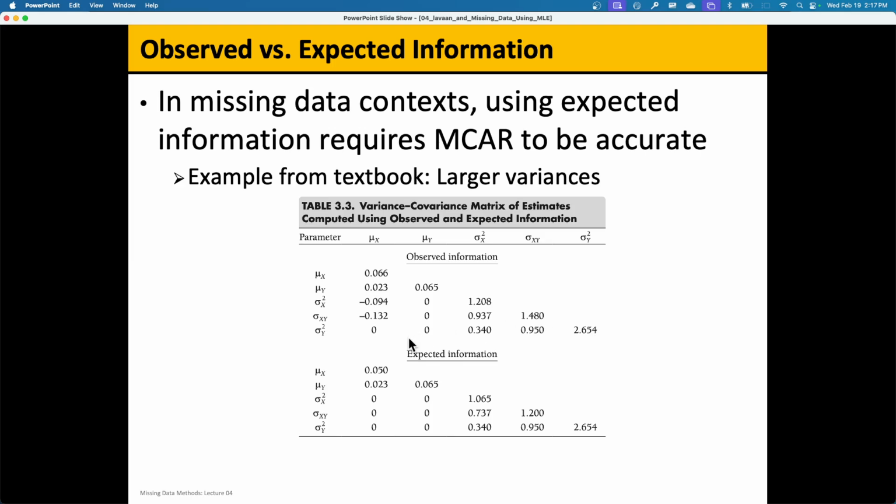If you have missing data and your package gives you expected information, you cannot assume that the way it's calculated meets the assumptions of missing at random. And so when that happens, you have to say, okay, my estimates of the standard errors may be biased. That's the implication. Your point estimates for your parameters will be achieved under missing at random.